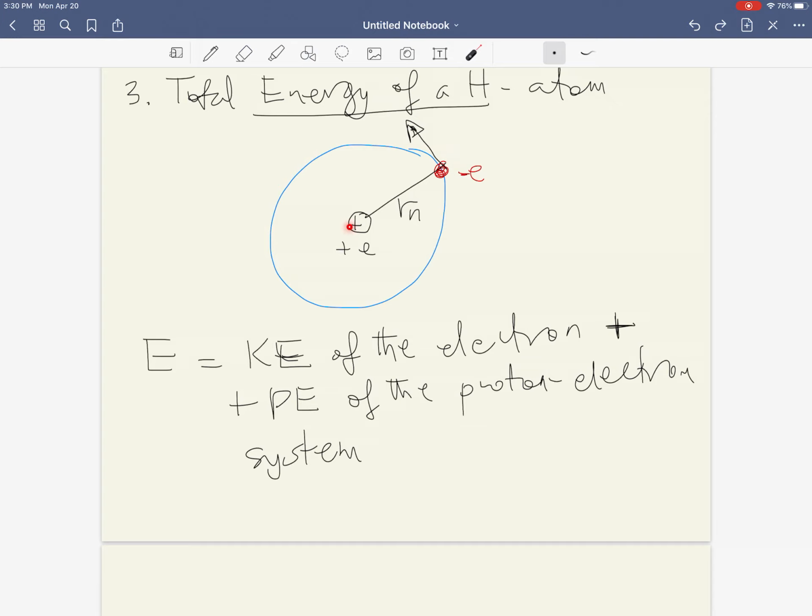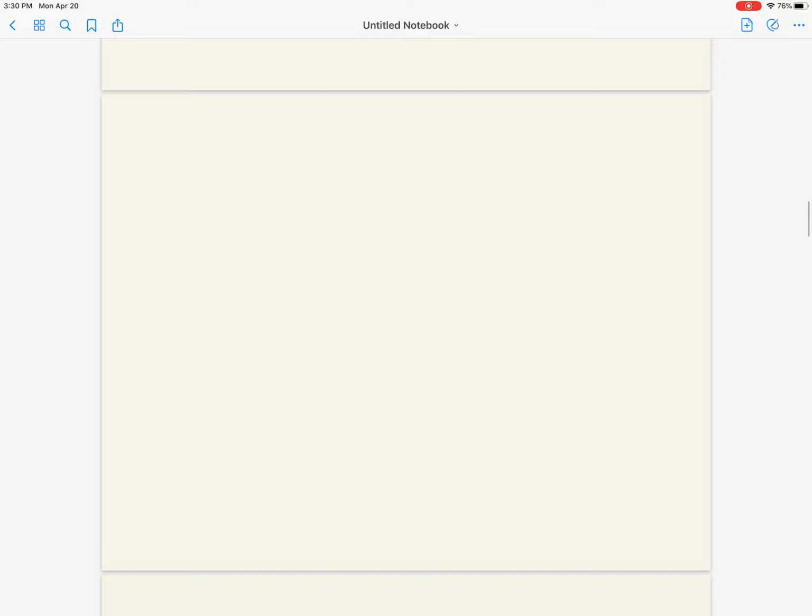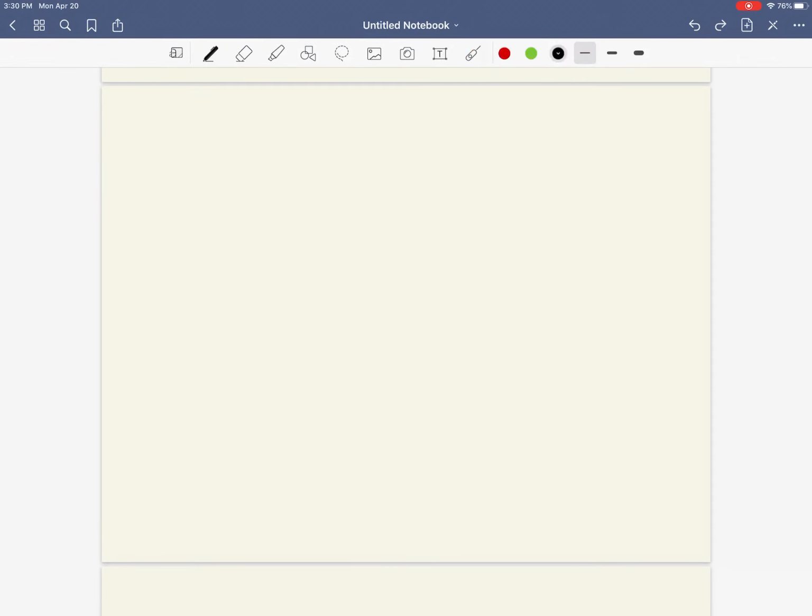We have a positive charge separated a distance r sub n from a negative charge, so there is electrical potential energy in the system. If we can write down the expression for the potential energy, we can add it to the expression for kinetic energy and thereby obtain the total energy of the hydrogen atom. So let's do that now.